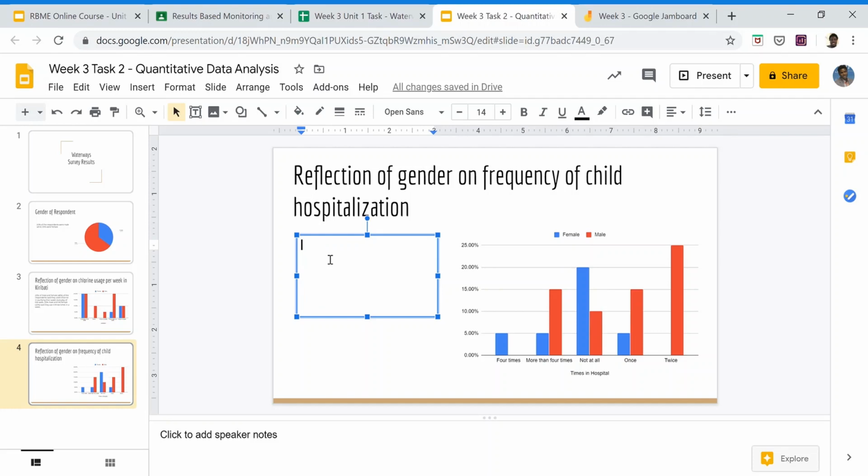So we could say that that's 25%. This is 20, 30%. Okay, 30% of the respondents.